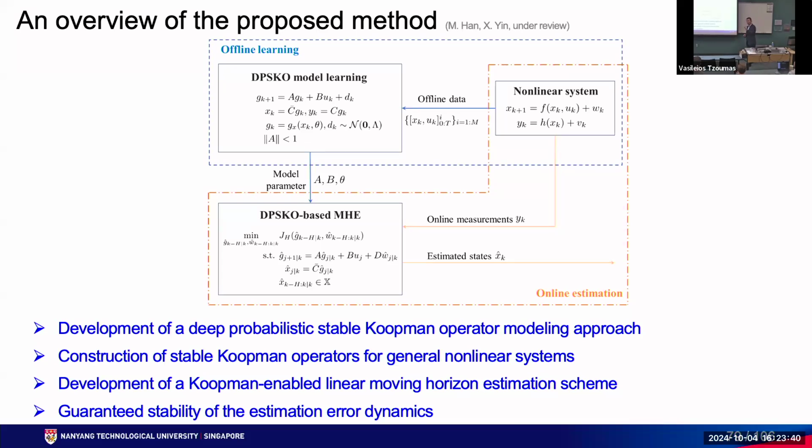Right? So how about we just enforce the Koopman modeling in a way that the Koopman operator is inherently stable, right? So this is what we have done here. We must have an asymptotically stable A matrix because we know that we will be applying it to an open loop stable process. Why don't we just simply make it stable, right? And we enable this through the use of machine learning.